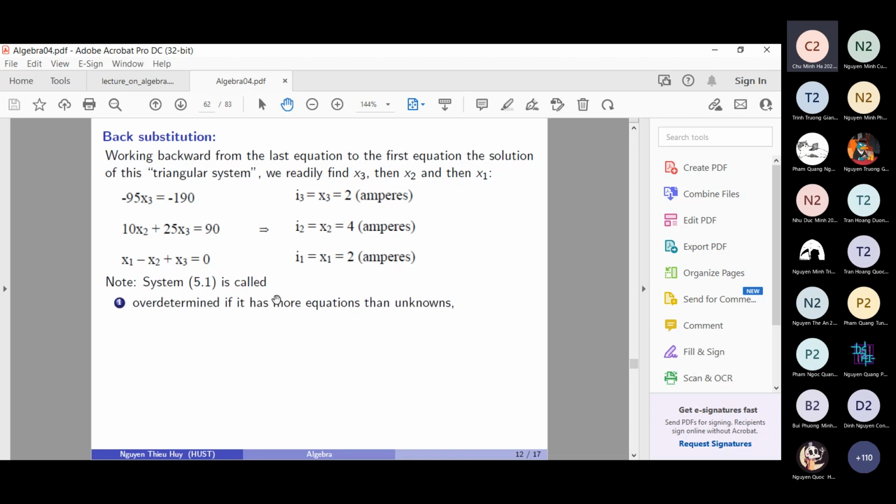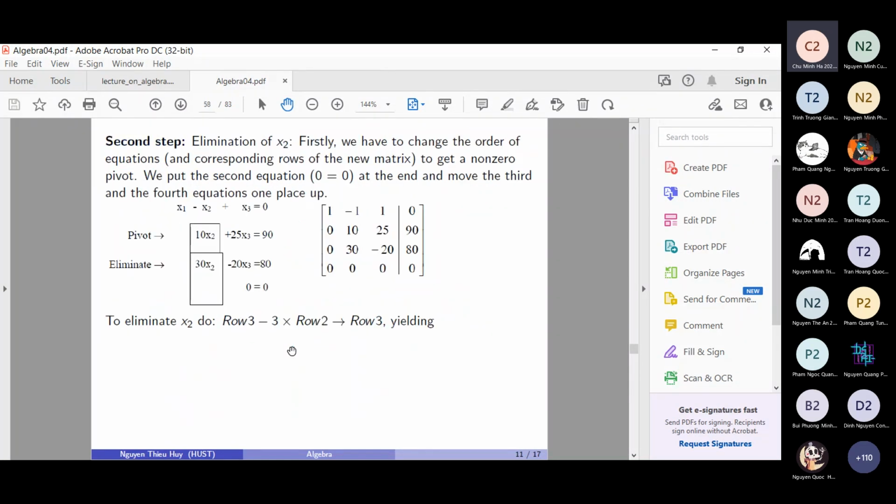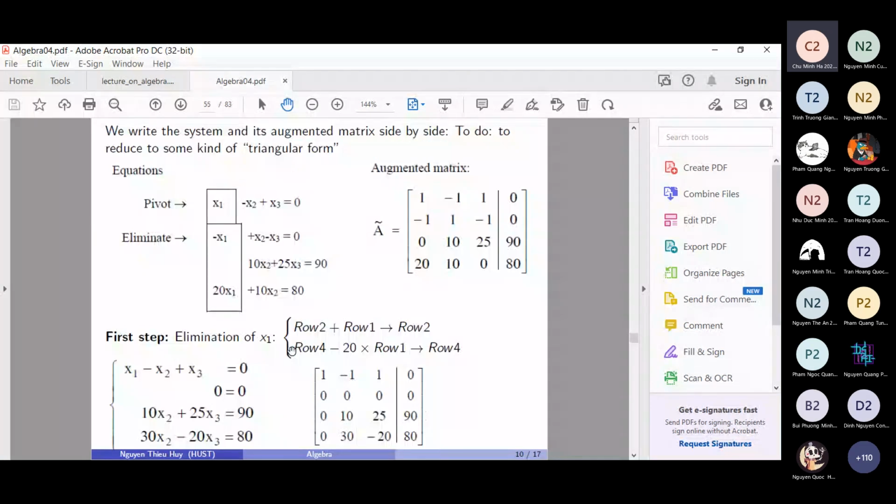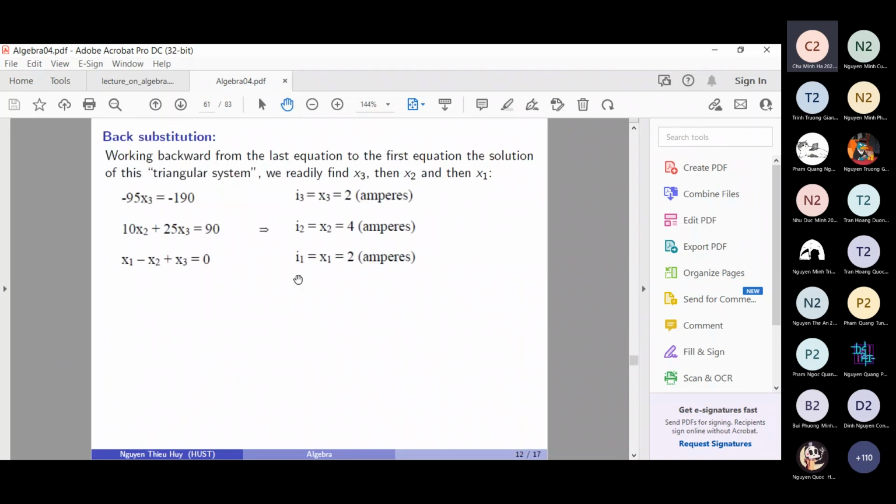And now let's give you some names. Our system, as we have here, has more equations: 4 equations but only 3 unknowns. Such a system is called overdetermined. So the system 5.1 is called overdetermined if it has more equations than unknowns.